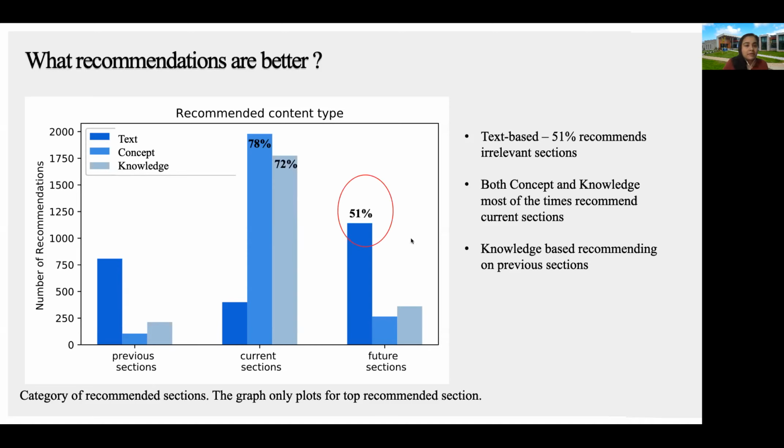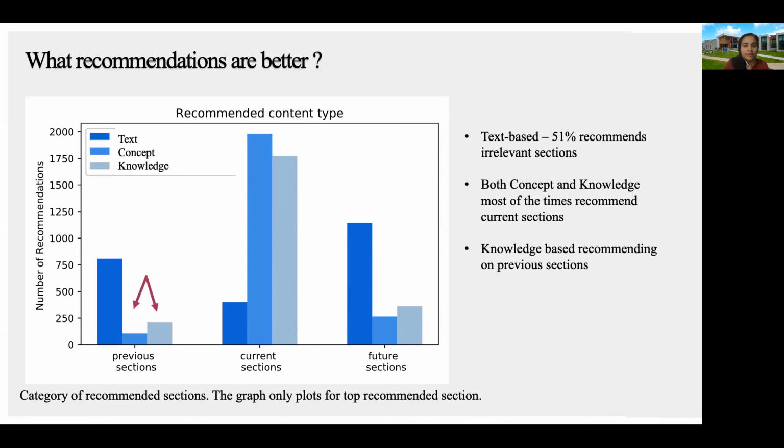As can be seen, 50% of the time, text-based recommendation recommended irrelevant sections, which shows the bad quality of text-based recommendation. While both concept and knowledge-based recommendation most of the time recommended current sections, which the student is performing the quiz for.